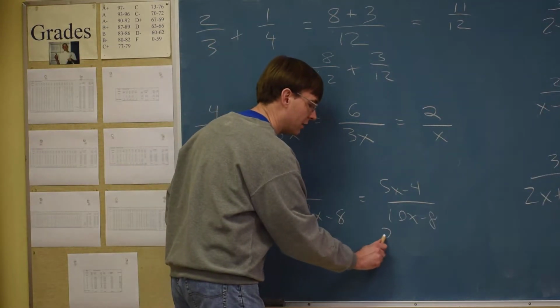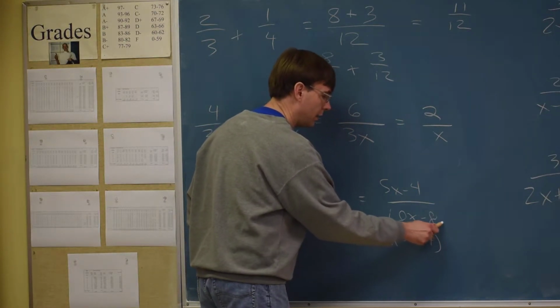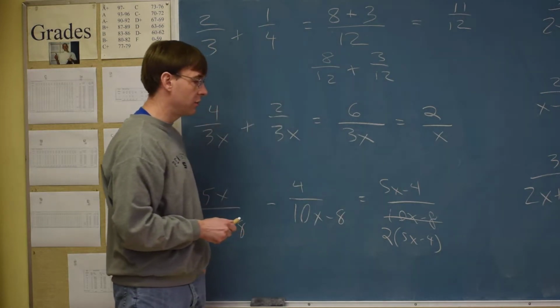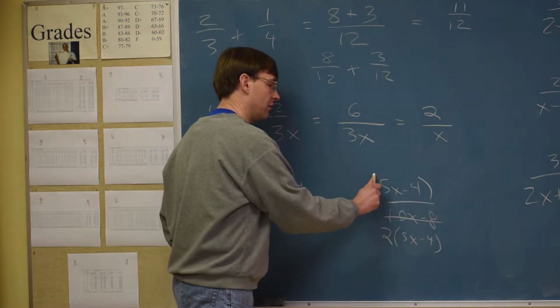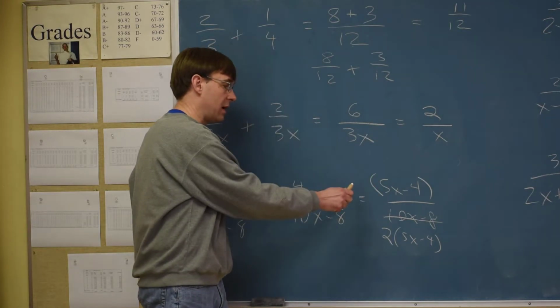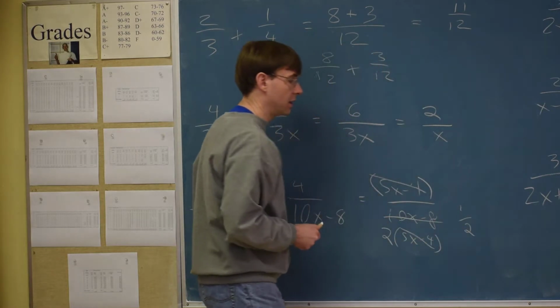The bottom, we have a GCF of 2 that gets 5x minus 4, so that's out and the new thing is in with factoring. On top, we have a match invisibly in parentheses that you can make visible. Little cancel there. Best answer for that's a half.